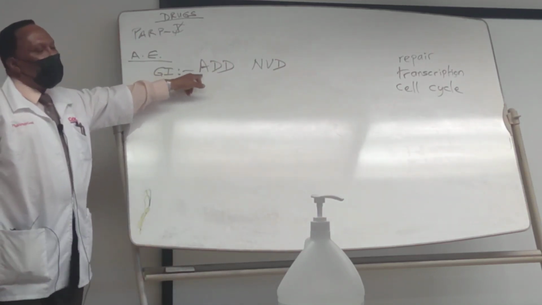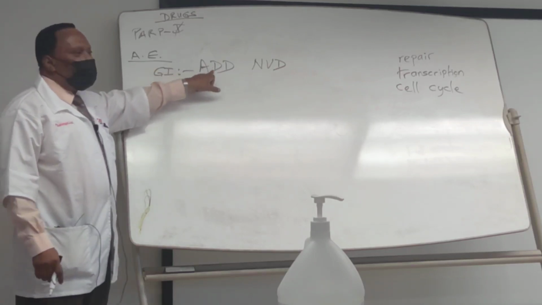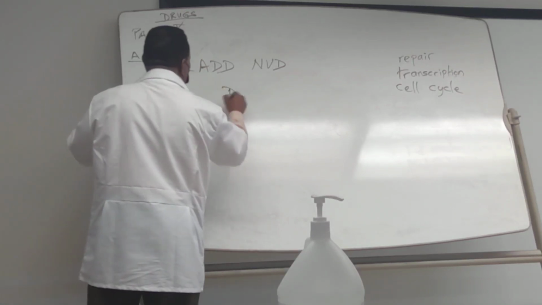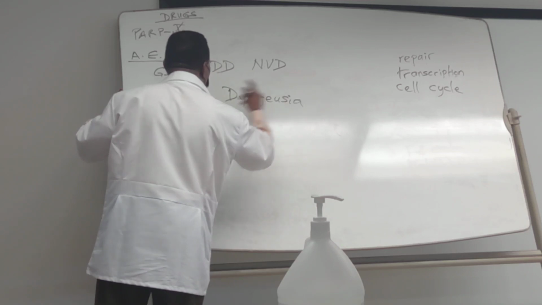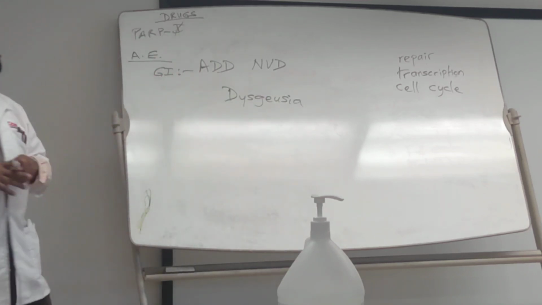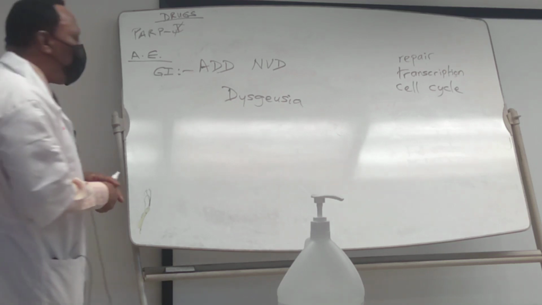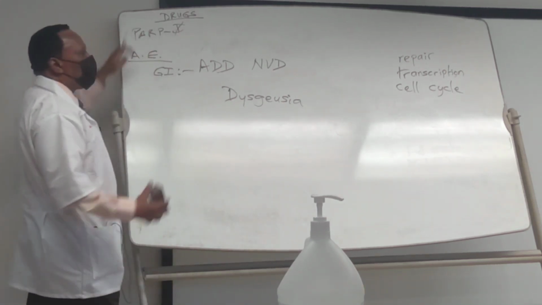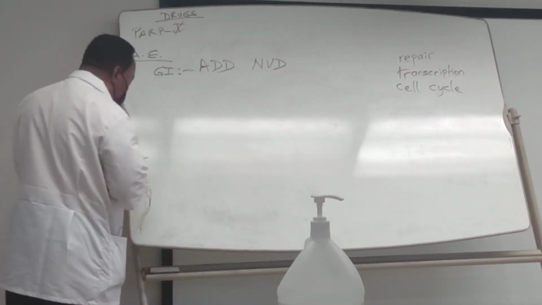The A here is anorexia. Anorexia, dyspepsia, and dysgeusia. So anorexia, dyspepsia, dysgeusia, nausea, vomiting, and diarrhea. Those are very prominent adverse effects of your olaparib.